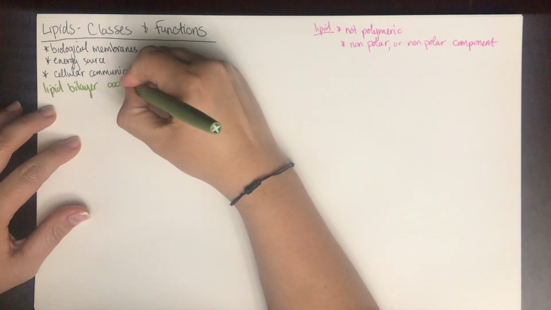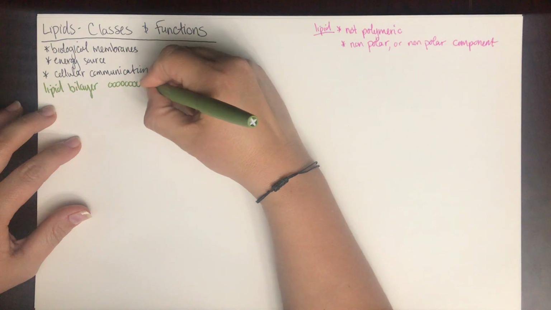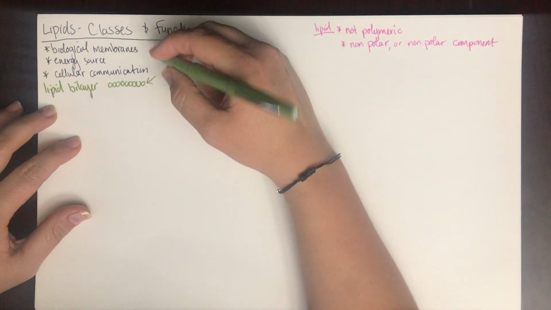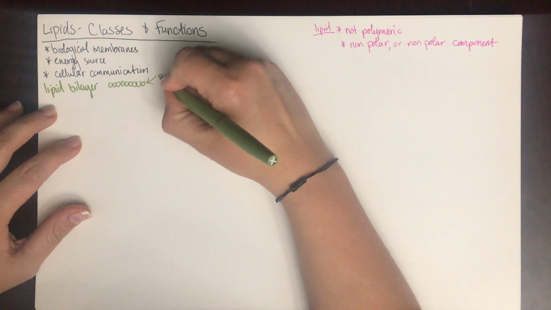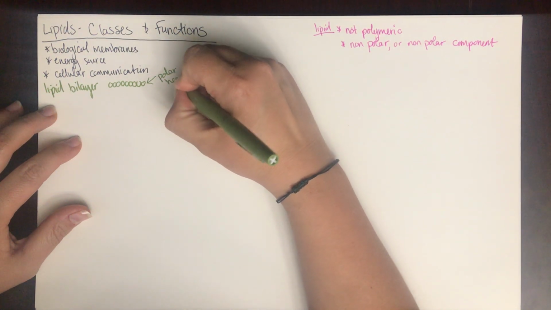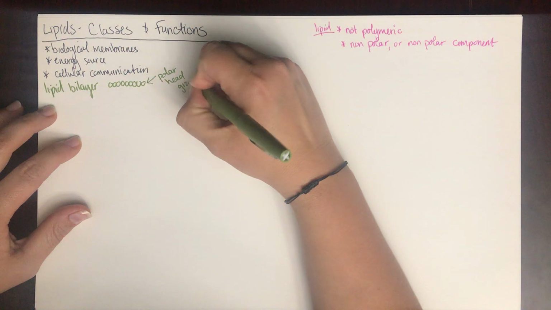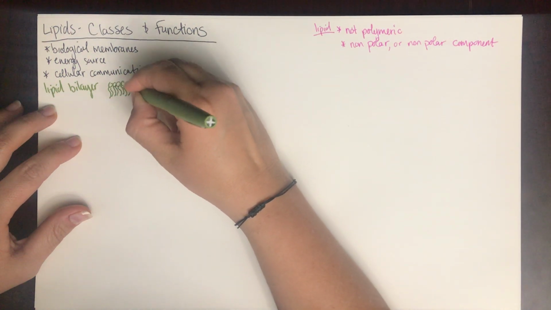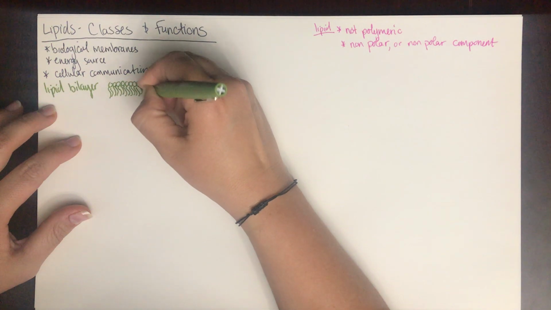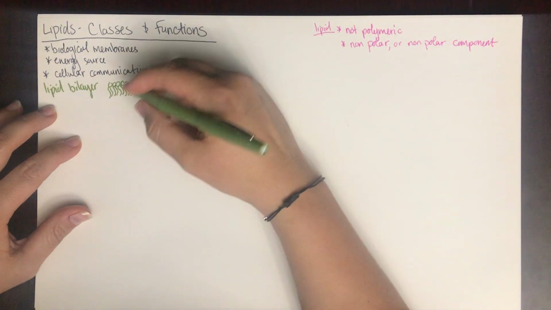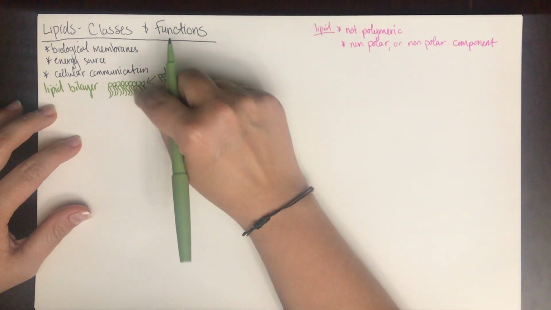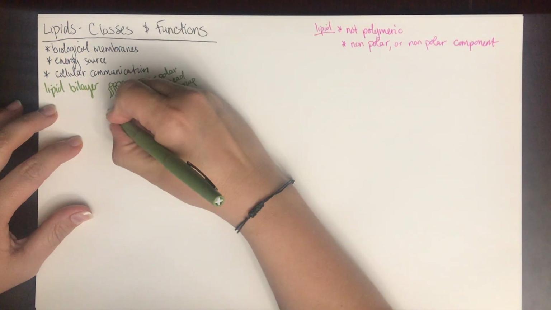So lipids have 2 parts. They have up here, which these circles are, what's called the polar head group. And then they have these non-polar tails. And depending on what type of lipid these are, this would look different. But they form a lipid bilayer. So this would be one layer of lipids together.